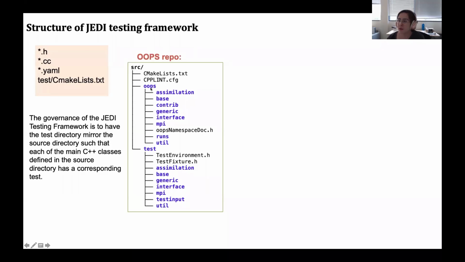When you go under source, you can see we have this OOPS, and then we have all these classes. Dan in the previous lecture briefly talked about the classes and header files that we have in each of these directories.